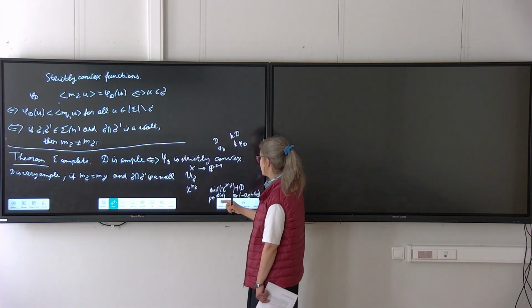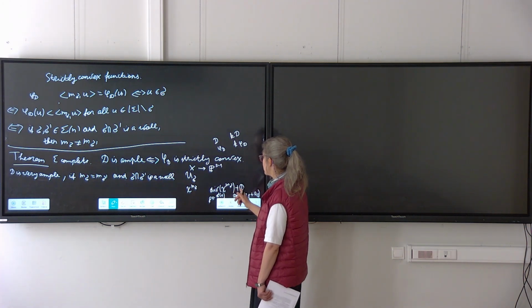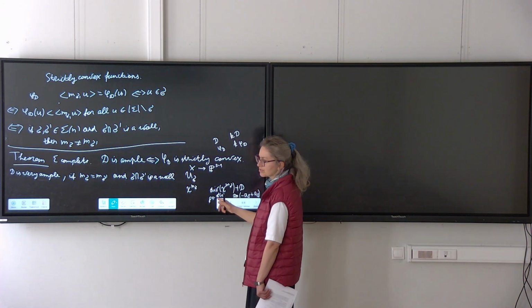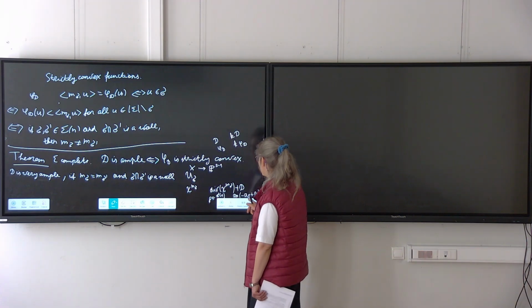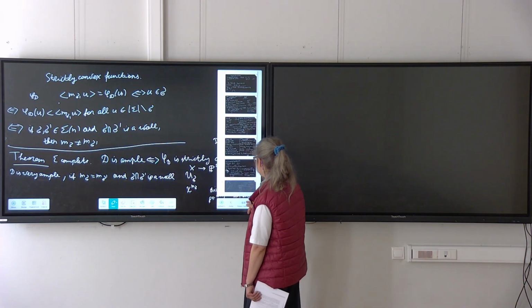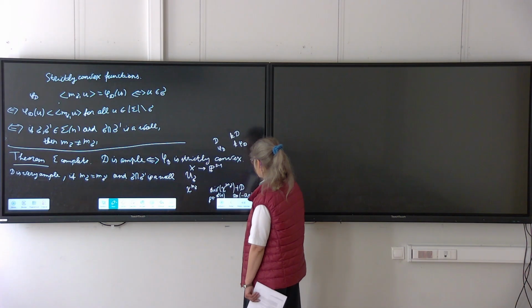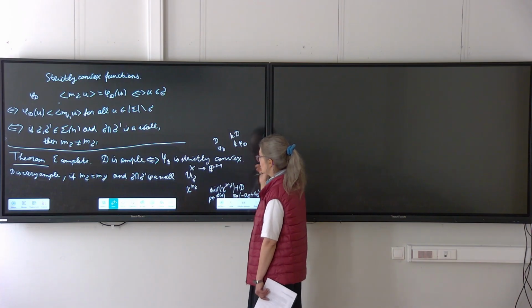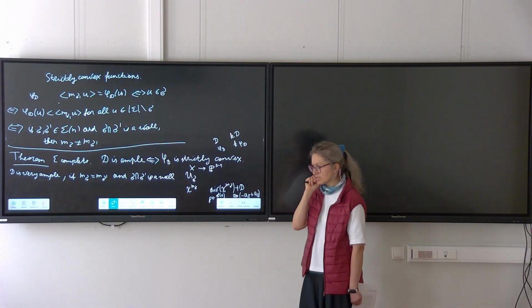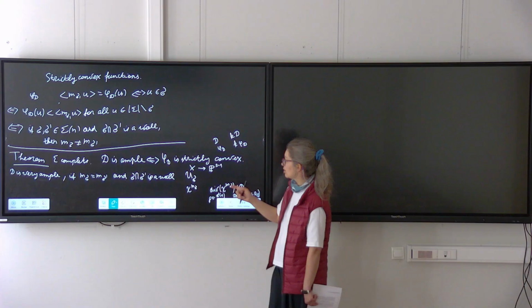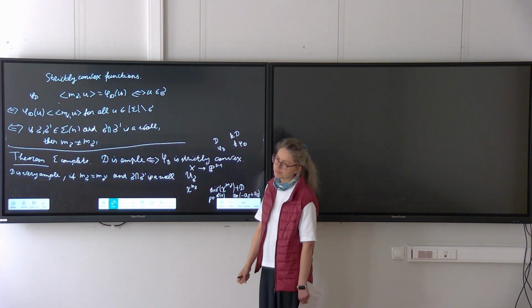It does not contain prime divisors D rho when rho is a ray of sigma, because it will enter with coefficient minus a rho and then plus a rho, and it will vanish. It will contain only the other prime divisors which are in the complement to U sigma.